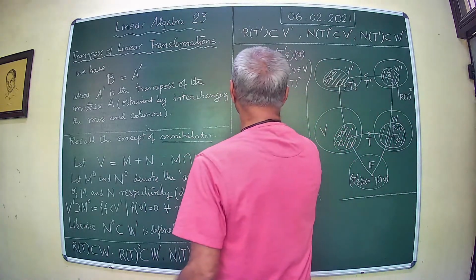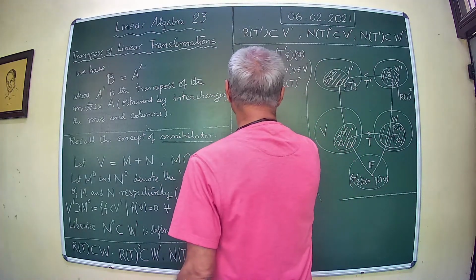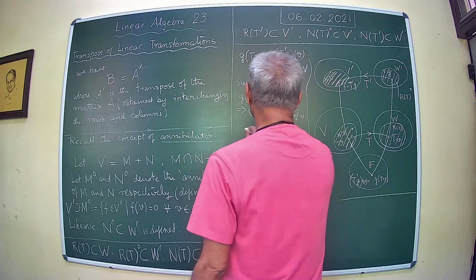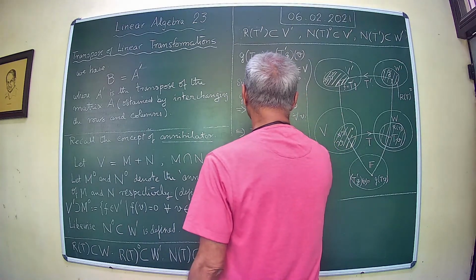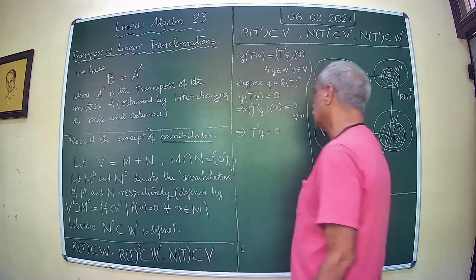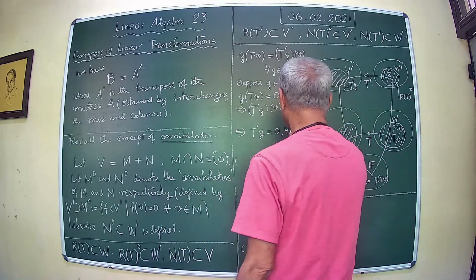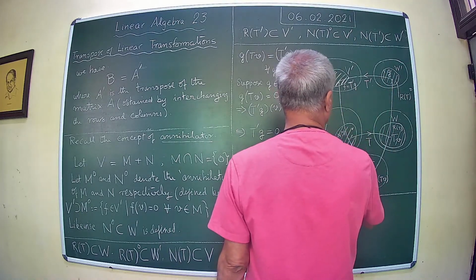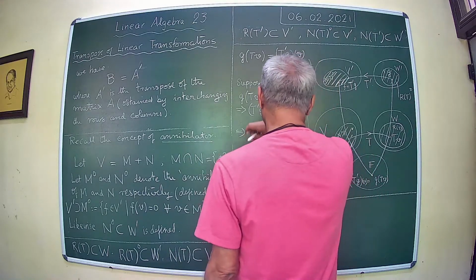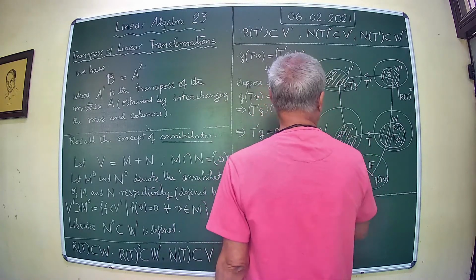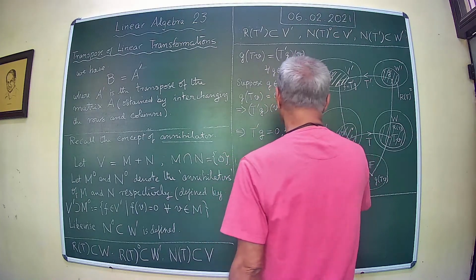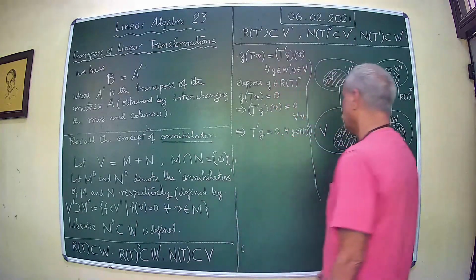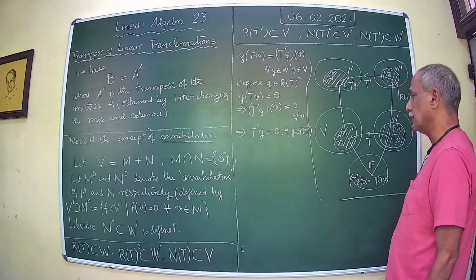This implies T prime g of v equals 0 for every v, which implies T prime g equals 0 for every g belonging to the annihilator of the range of T. This is the connection that we have.